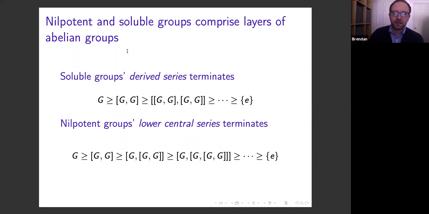Nilpotent and soluble groups will also be coming up. These are groups that are built from abelian groups in a nice way. A soluble group has a terminating derived series. The derived series is the series of subgroups you get by repeatedly taking commutators of the previous term in the series. So you have a group G, you take its commutator subgroup, then you take the commutator subgroup of the commutator subgroup, and so on. If that series terminates, then your group is soluble.